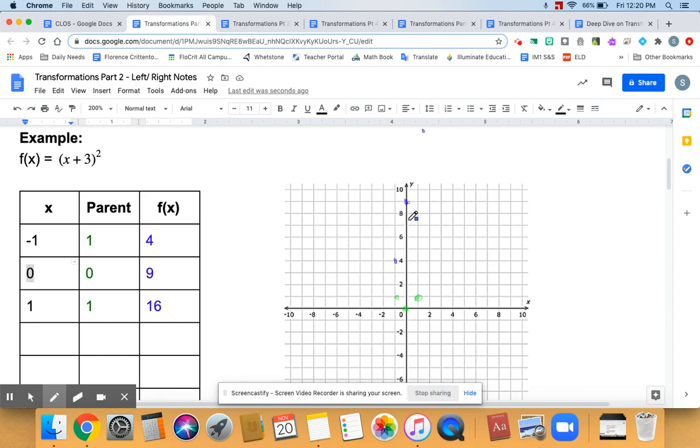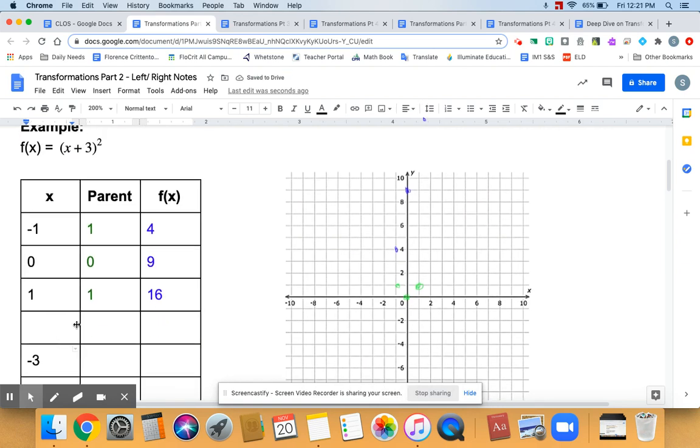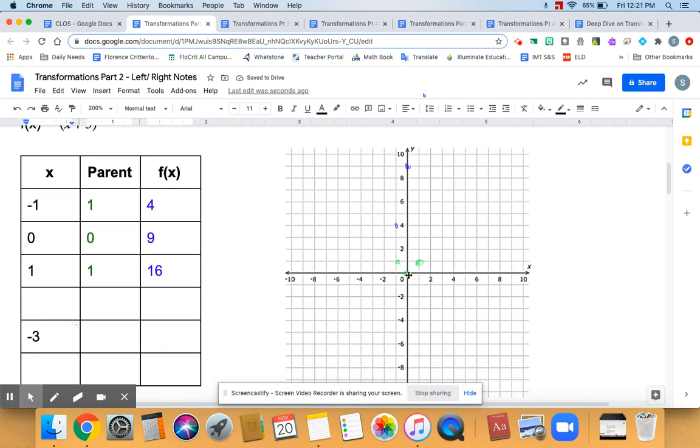So if I connect these, you see how none of them's U-ing yet? And if it keeps going down, it's going to kind of U over here. So if you remember with quadratics, when I was trying to find my new vertex from this, it would be the opposite of in here, what would make this equal to 0, which is -3. And that's where the vertex would move to, my little hump.